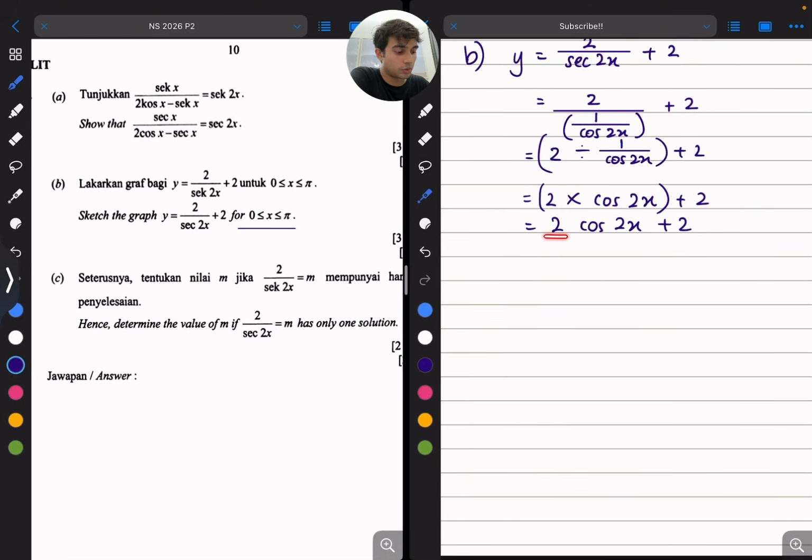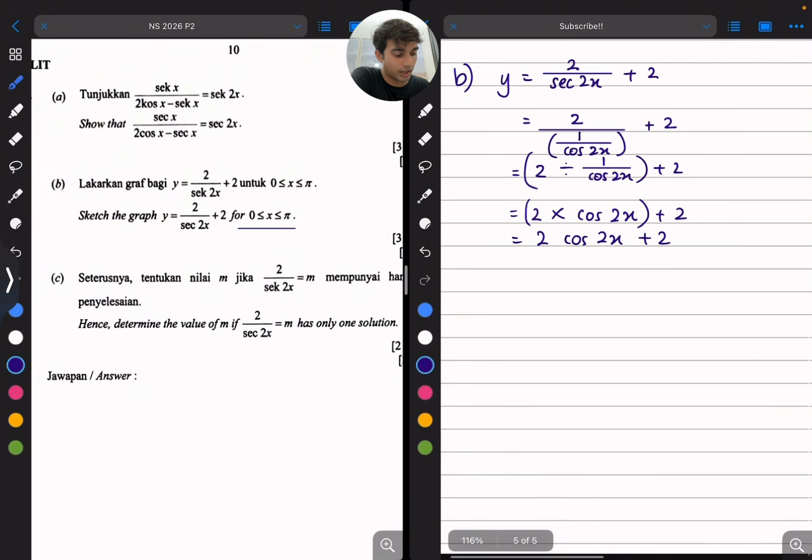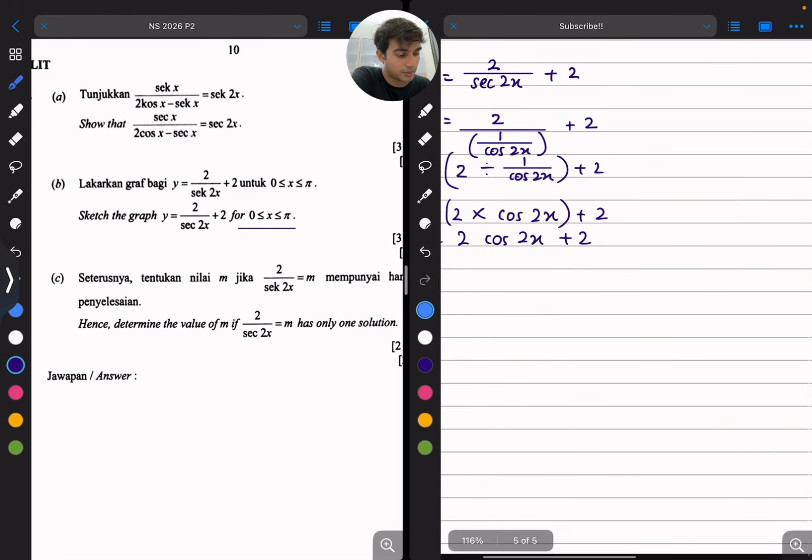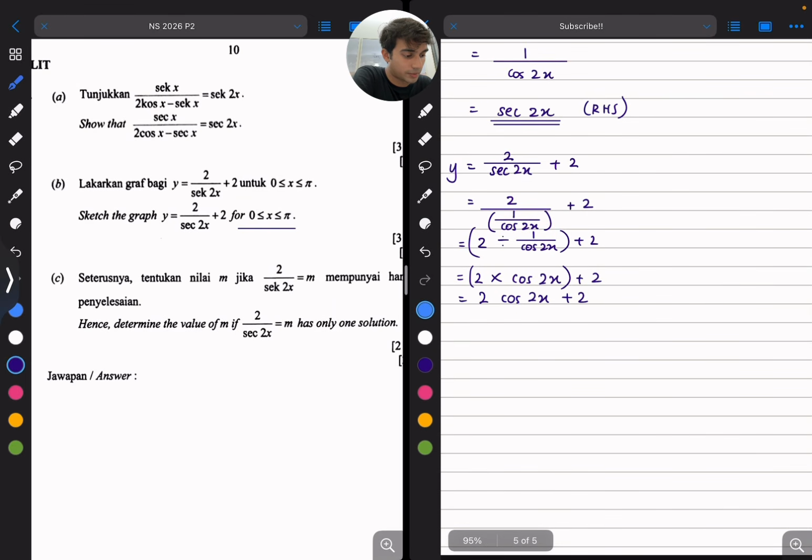The amplitude is 2, the number of cycles is 2, plus 2. What I like to do is always sketch at the side what it might look like. The first thing I'll sketch is the shape of a cos graph. So this is y equals cos x. If they say cos 2x, that means it goes 2 cycles.